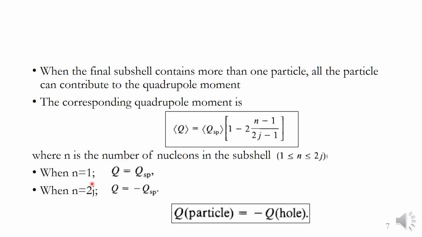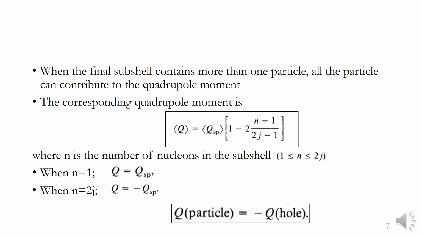Okay. So when n equals 1, this is again the single particle model. When n equals 2j, there is a hole, meaning there is an absence of a single nucleon in that orbit. So substituting n equal to 2j, we get Q equal to minus Qsp, and we take this one as the Q of hole, or the electric quadrupole moment of a hole nucleus.